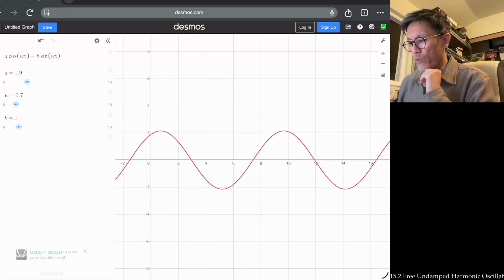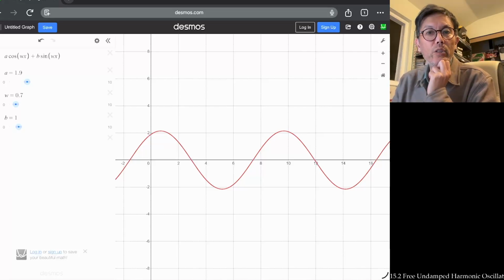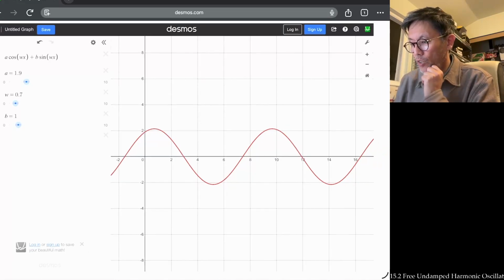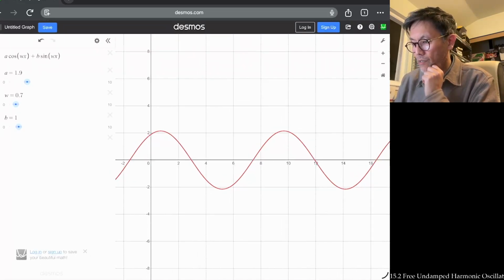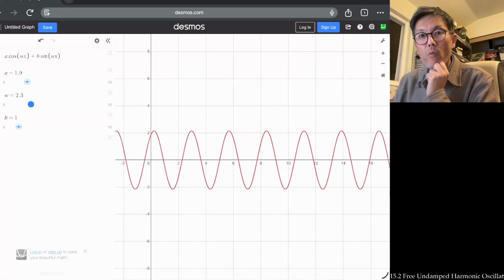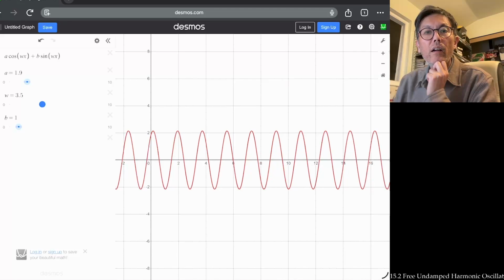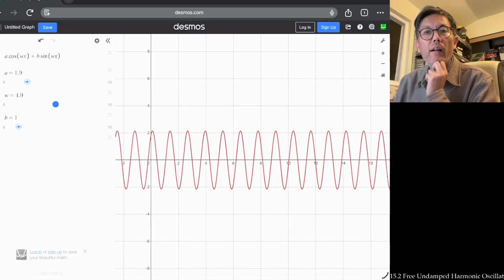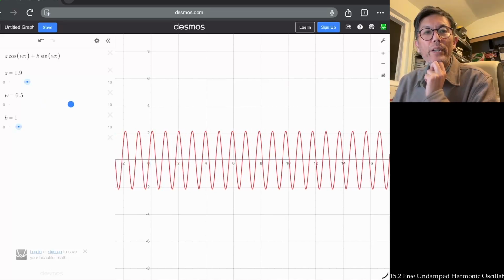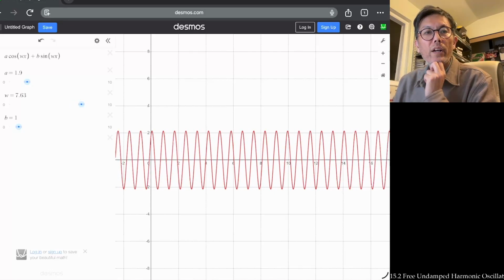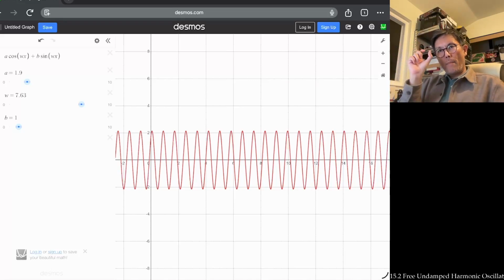If I adjust the value of omega. So right now omega is 0.7. What happens if I make that omega bigger? Let's try. Wow, look at that. As I make this omega bigger, right now it's 7.63, we see that the period of this sinusoid decreases.